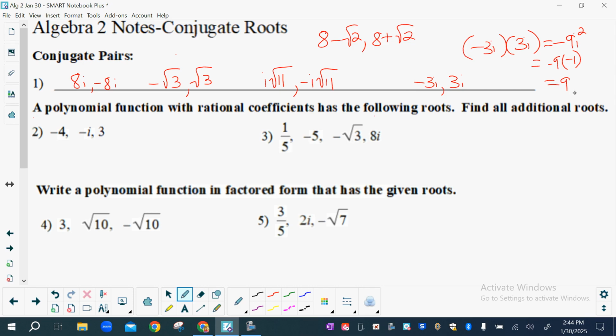So what if I take negative square root 3 times positive square root 3? What do I get when I multiply those?